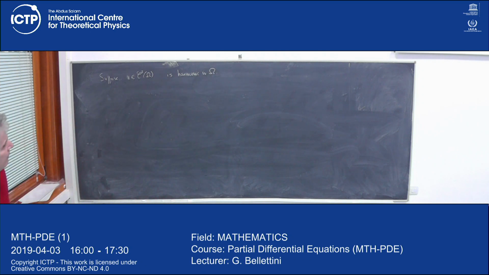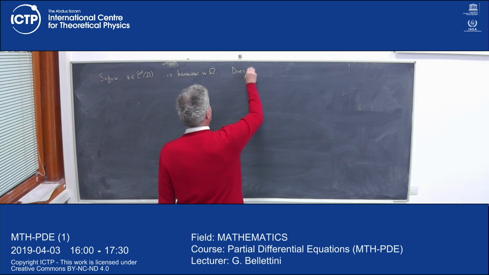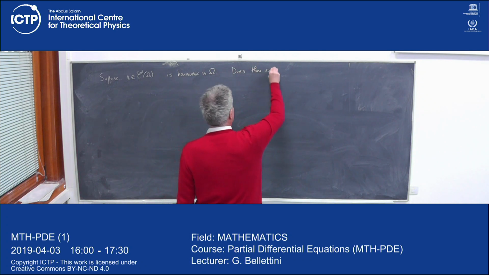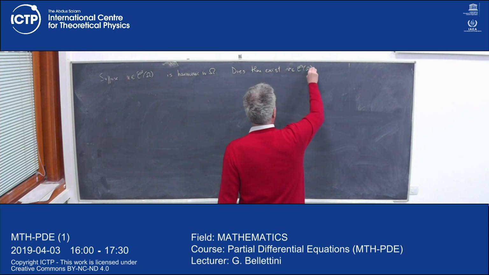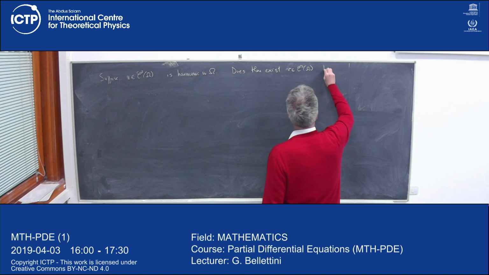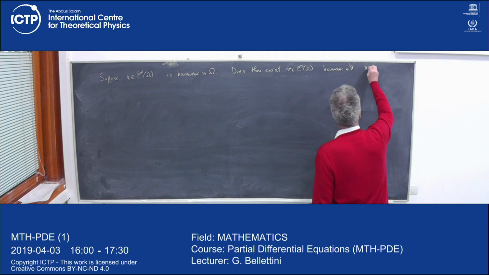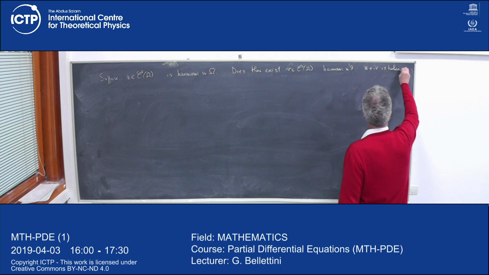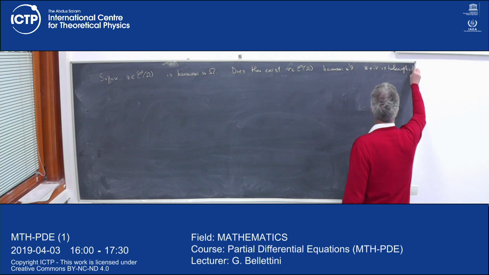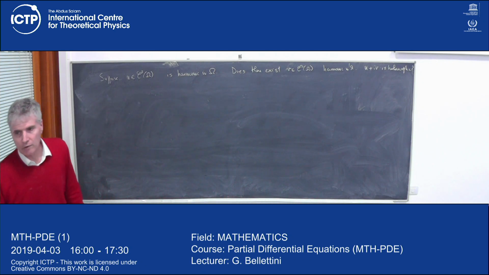Does there exist v harmonic in omega such that u plus iv is holomorphic? Some sort of converse question.